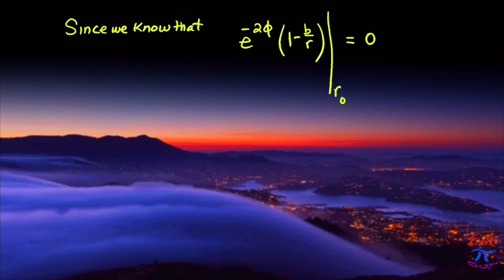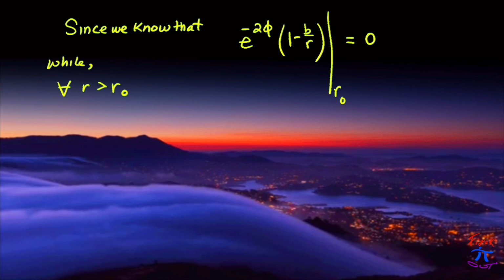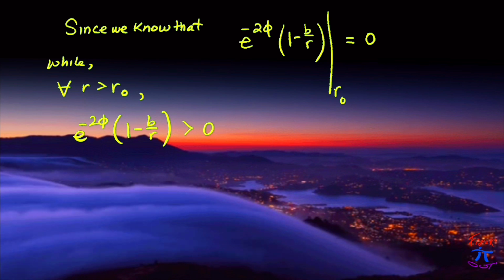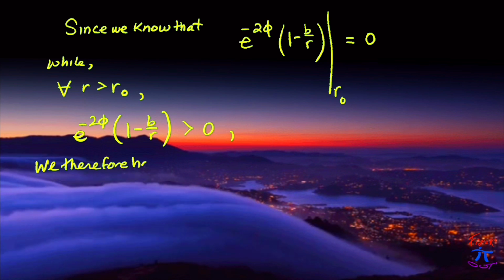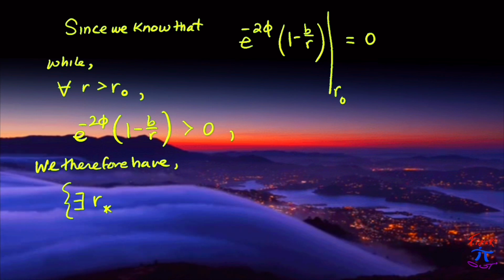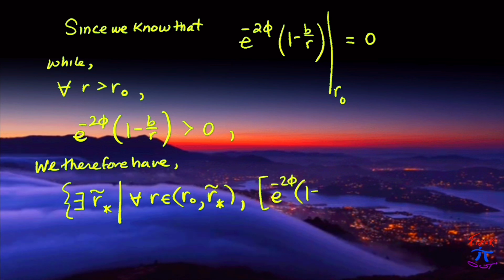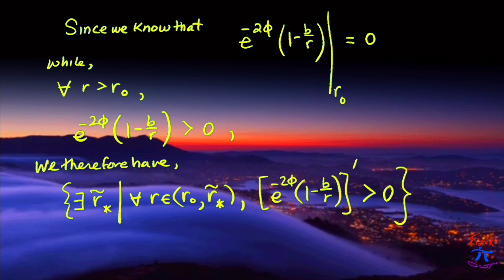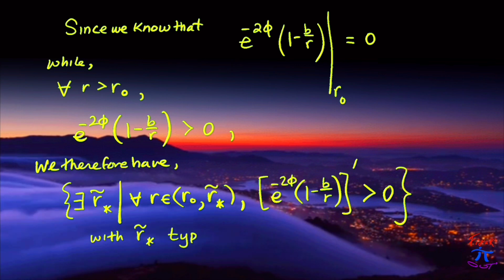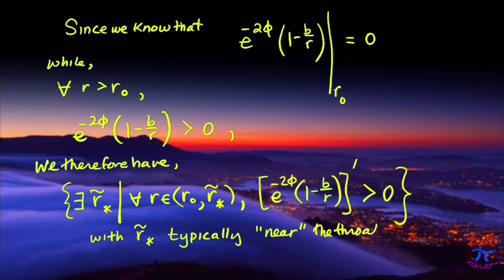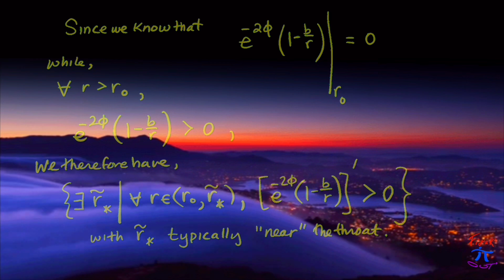Now, since we know that this particular term evaluated at the throat must go to 0, while for all r greater than the throat size radii, we have this expression being greater than 0, we therefore have an existence of a radius r star tilde, for which this expression's derivative is greater than 0, with r star tilde typically near the throat of the wormhole.